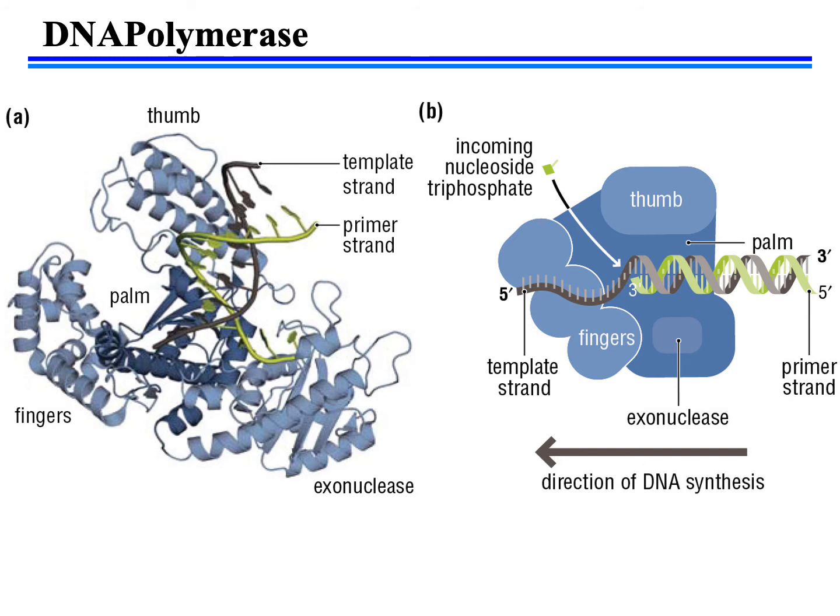The fingers portion of the enzyme is a portion that binds incoming nucleoside triphosphates and closes in to bring those nucleoside triphosphates in. So the structure is not static, it's actually dynamic and constantly moving.